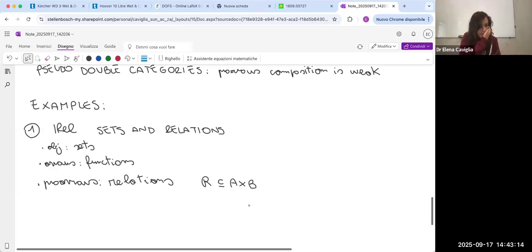Right, this is just a relation. So we represent it like this in our pro-arrow notation. It is going to be a pro-arrow from the set A to the set B, right?